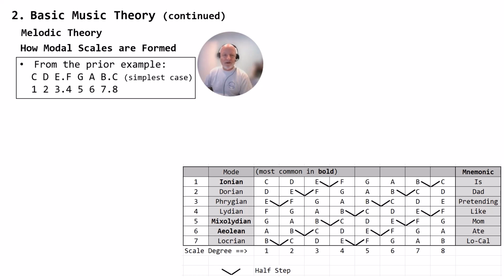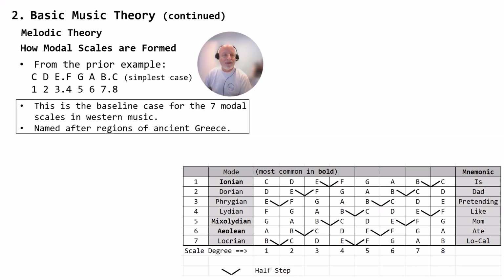The first note there is the C, so we have C, D, E, F. I put a little dot between the E and F, denoting that those are half steps apart. F, G, A, B, C. Again, B and C are a half step apart. So you can see there's a half step between the 3rd and 4th and the 7th and 8th.